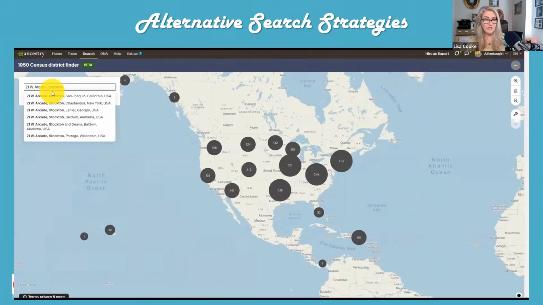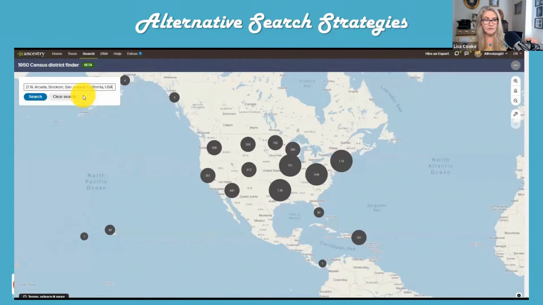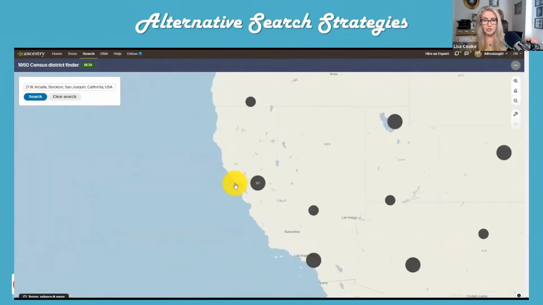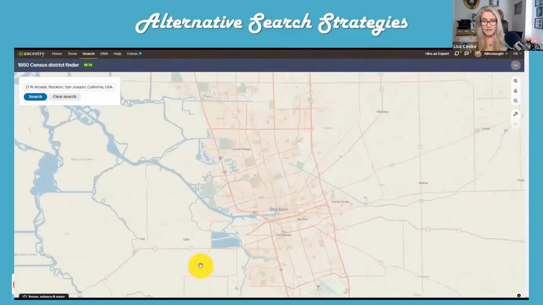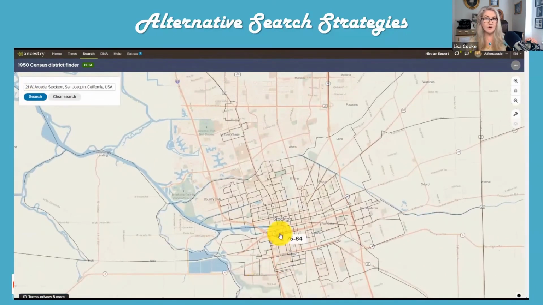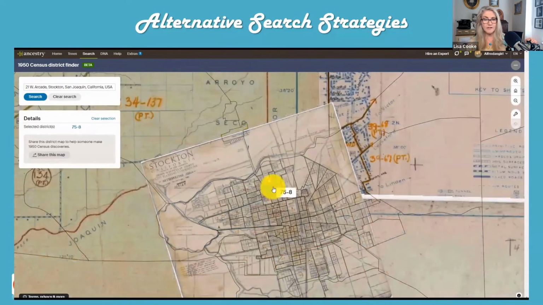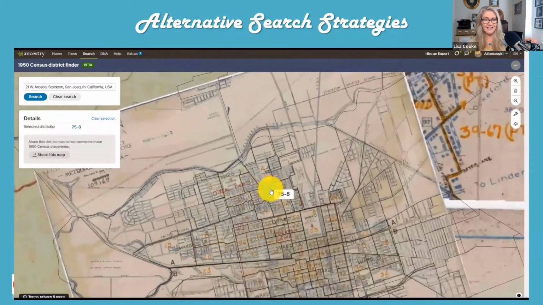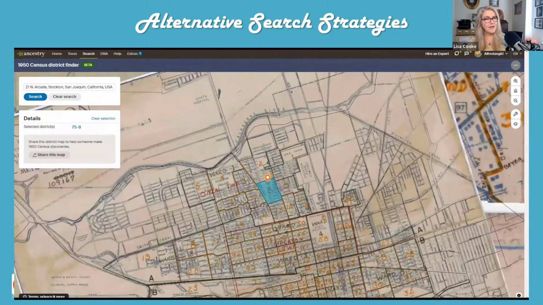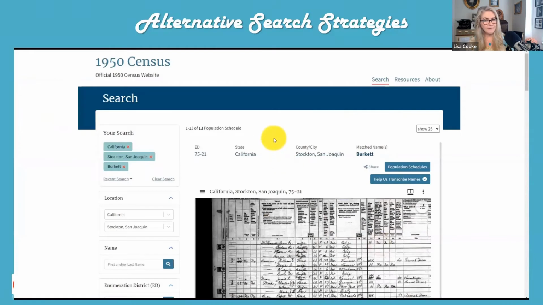Make sure that you use their version of the address, and that will get you to the exact location. So here it is. Click that, click search, and this should zoom in and pinpoint the house for us. And when we hover the mouse over the ED, it tells us it's 75-8. So I've reconfirmed, yep, that's indeed the right ED.